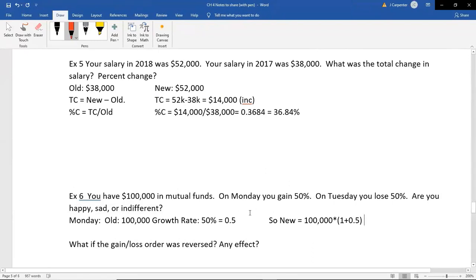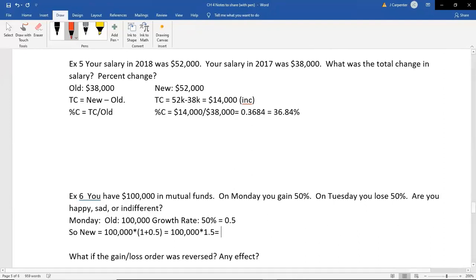I lied, I will write it after this. So that's $100,000 times 1.5, which is just 50% more than 100,000, which is 150,000. If you do that product.